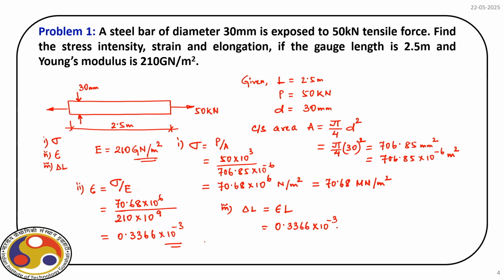In our case, it is 2.5 meter, that in millimeter is 10 to the power 3. So, we have an elongation of 0.8424 millimeter. That solves the problem completely. Okay.